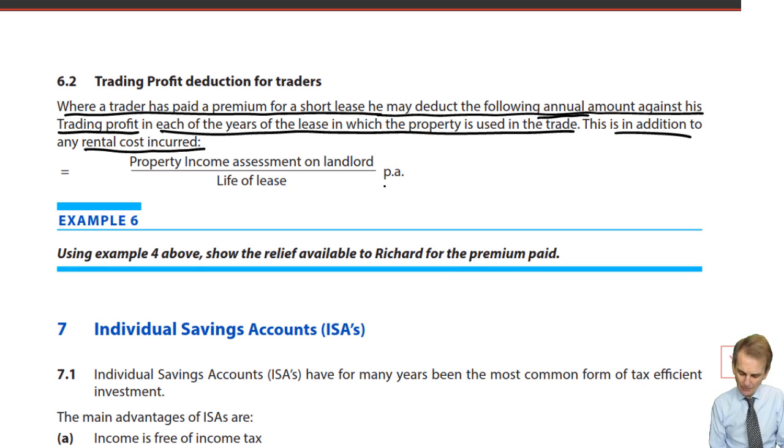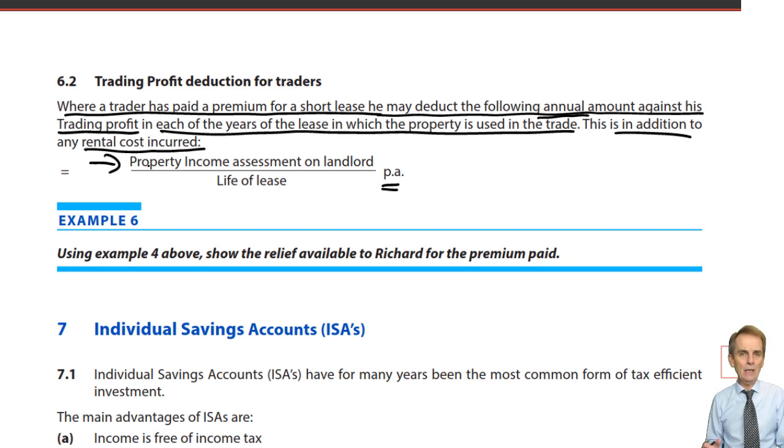So how do we work out this annual trading profit deduction? Simple. To be able to do this, you need to know the first part. How do we work out the property income assessment on the lessor, the landlord, the person who owns that building? That is the first figure.